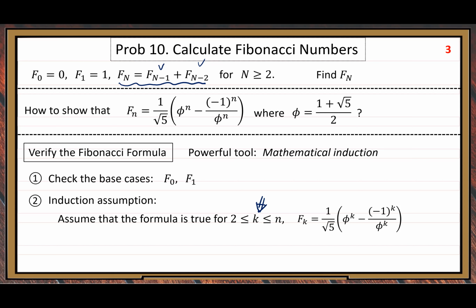Then step 3, we need to verify that F sub n plus 1 equals the same form, but with the variable part replaced by n plus 1. Here, k is in the range between 2 and n.